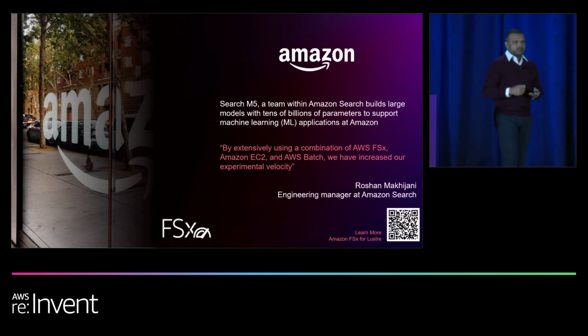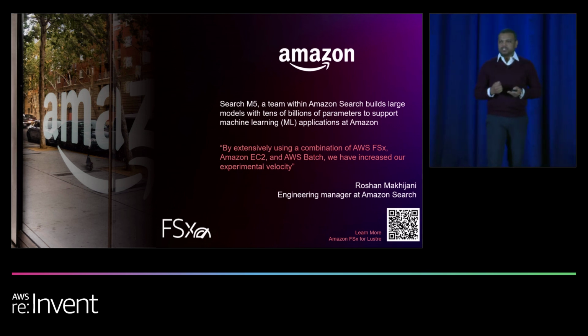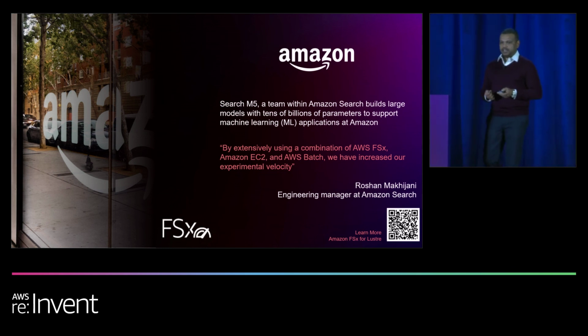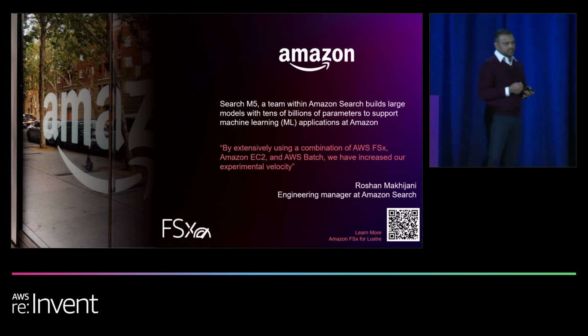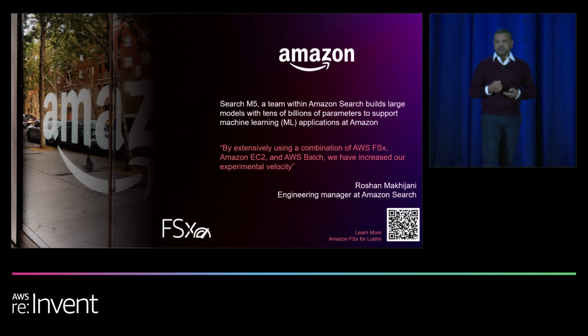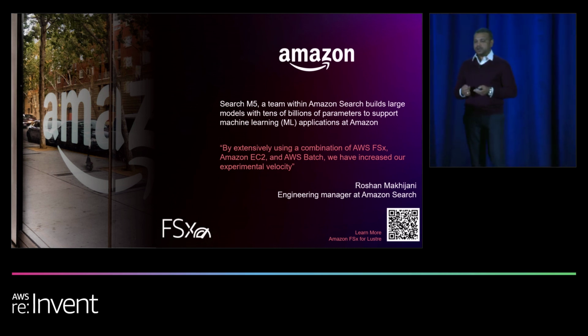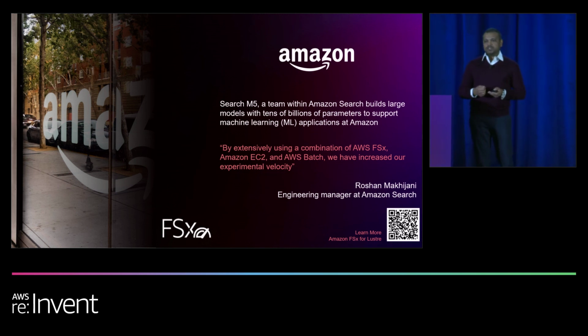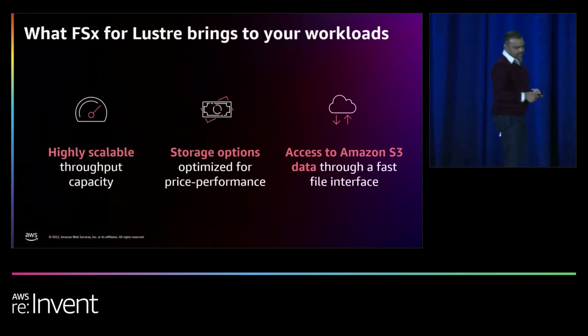But they wanted the ability to train their machine learning jobs faster. They wanted to increase the velocity of their machine learning training. And by using a combination of Amazon FSx for Lustre and AWS Batch and EC2 instances, they are really able to scale their machine learning training jobs and concurrently run tens of thousands of these machine learning training jobs in a given month. So with that, I'll hand it over to Jordan for a wrap-up.